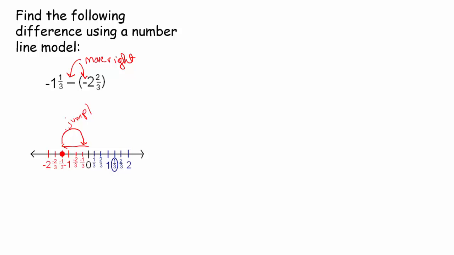If I jump another 1, another 3 parts, I end up at 2/3, and then I just need to add on another 2/3. So 1 2/3 ends me at 1 1/3.